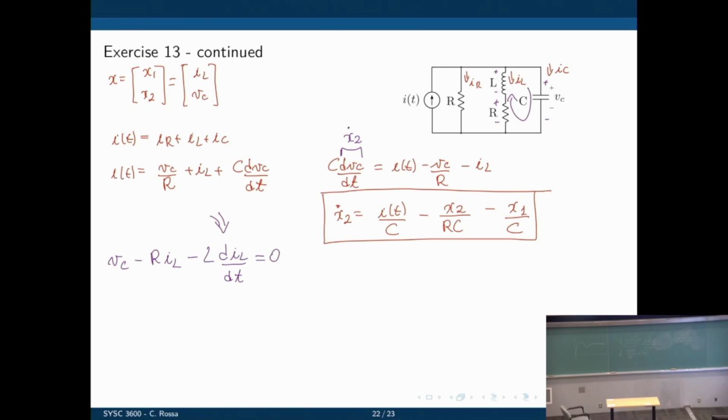So you now can solve for L dIL dt, that's VC minus R times IL, and then you can write this in the state space format. So dIL dt, IL is x1, so dIL dt is x1 dot.